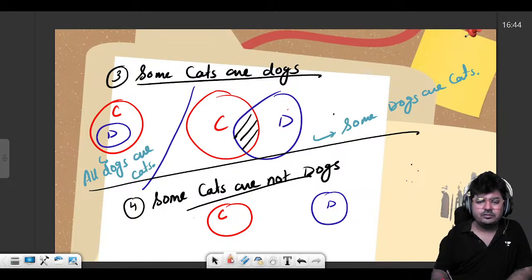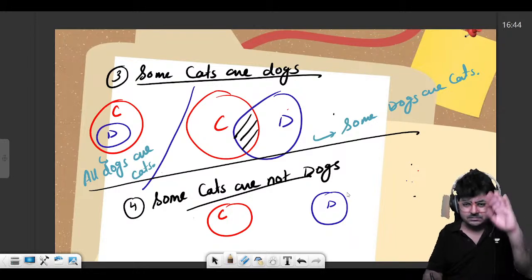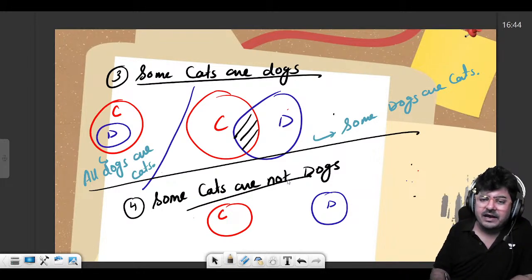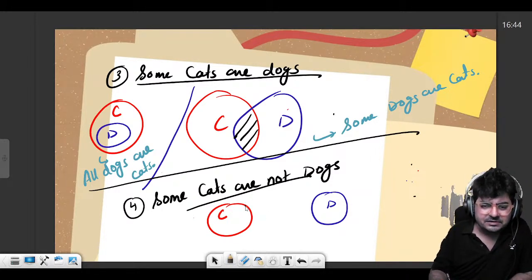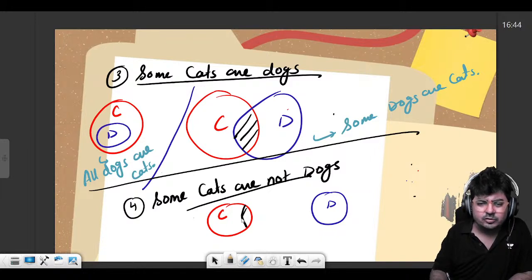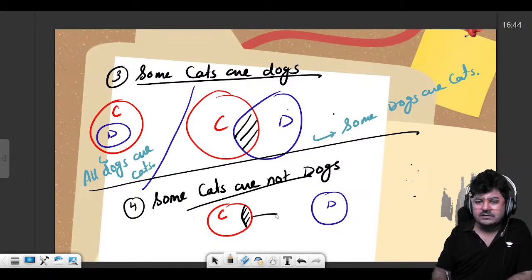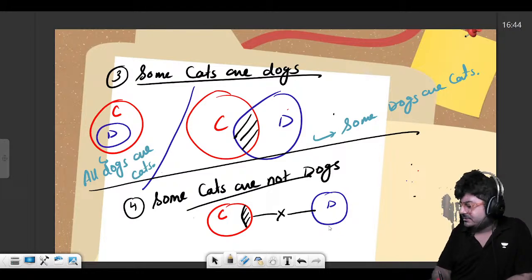So what we have to do? You can think like this. The idea is some cats are not dogs. So let's consider some cats. Suppose these are some cats. These are not dogs. Not connected to dogs. Simple.